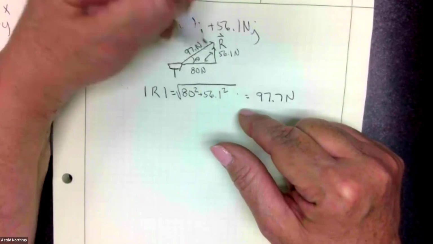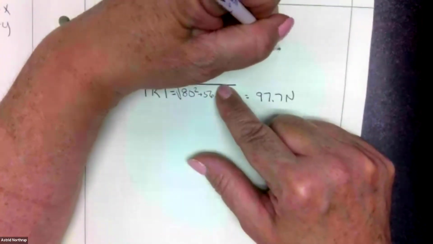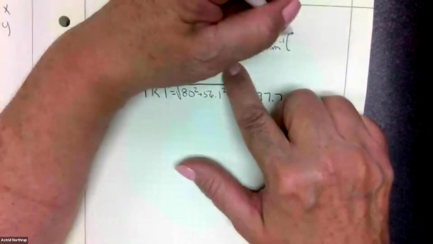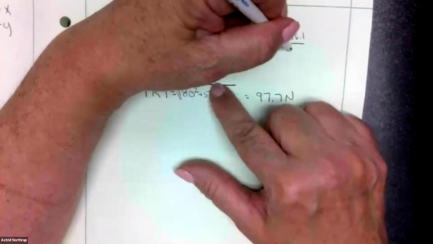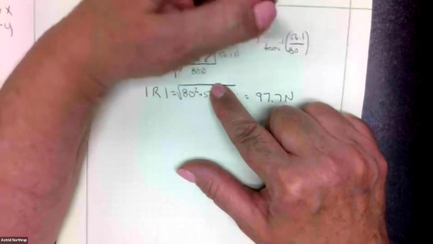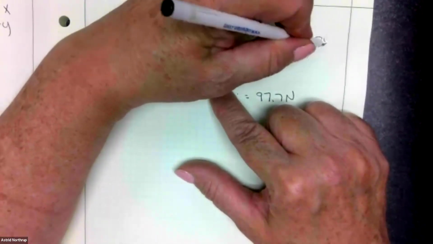If I want to go back to my original data, opposite, adjacent, that would be the tangent, right? So the tangent to the -1 of the opposite side over the adjacent side. And what do I get for an angle? 35 degrees.